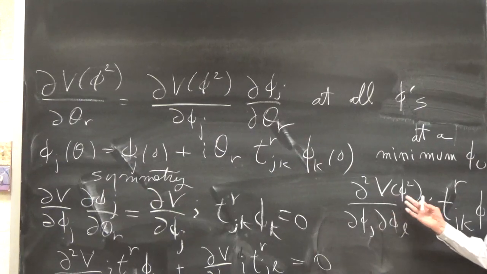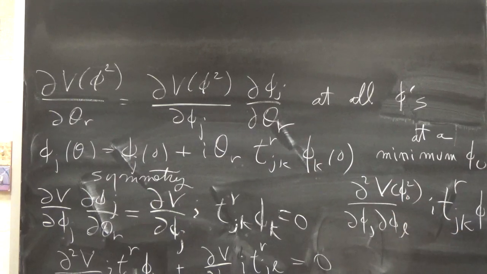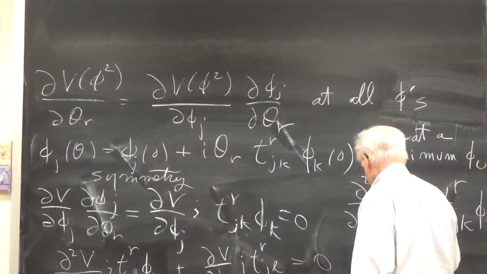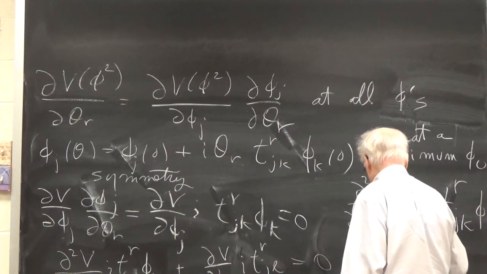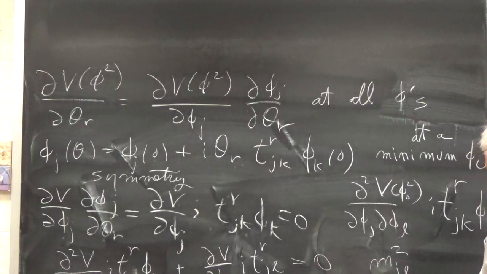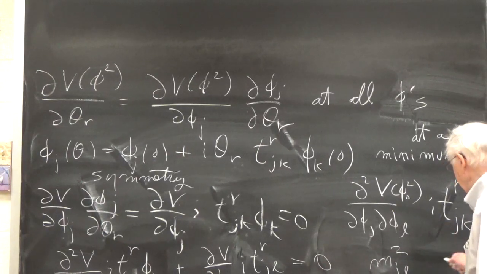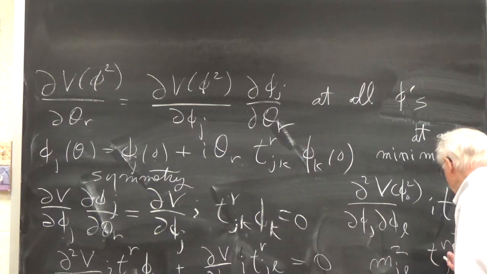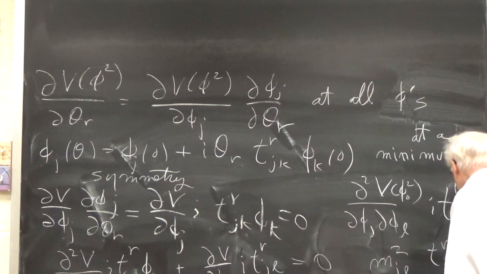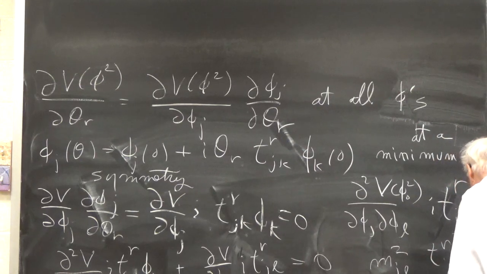But this second derivative at a minimum is the mass matrix. So this is m squared JL. I'll cancel the i. T_R,JK phi_K0 is 0.